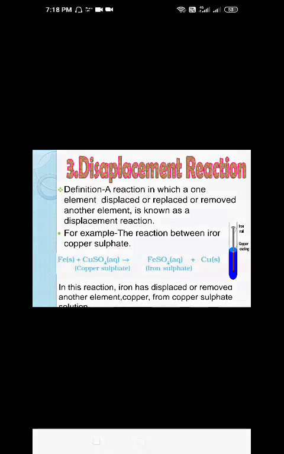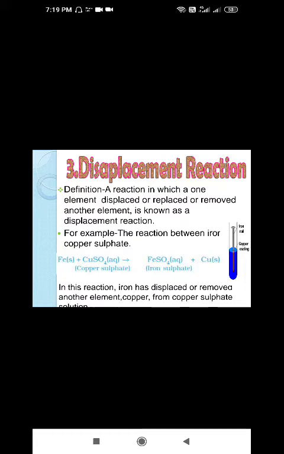After the reaction was done, the red circle was replaced, or displaced, by the yellow circle. Exactly the same thing is mentioned over here. I'm reading out the definition again to make it very clear: the reaction in which one element displaces, replaces or removes another element is known as a displacement reaction.